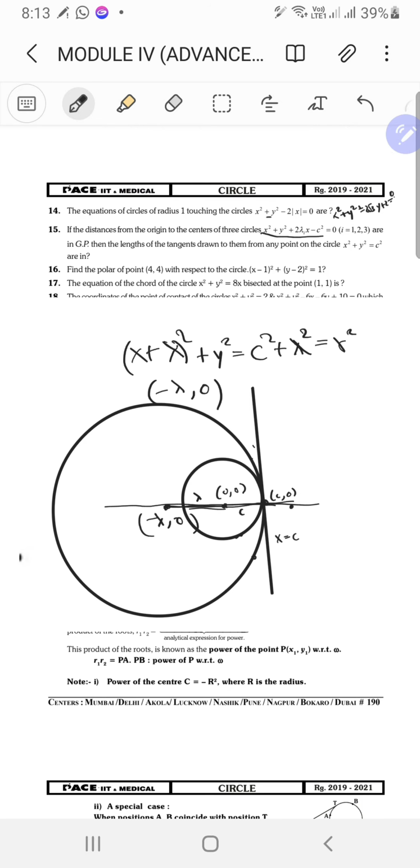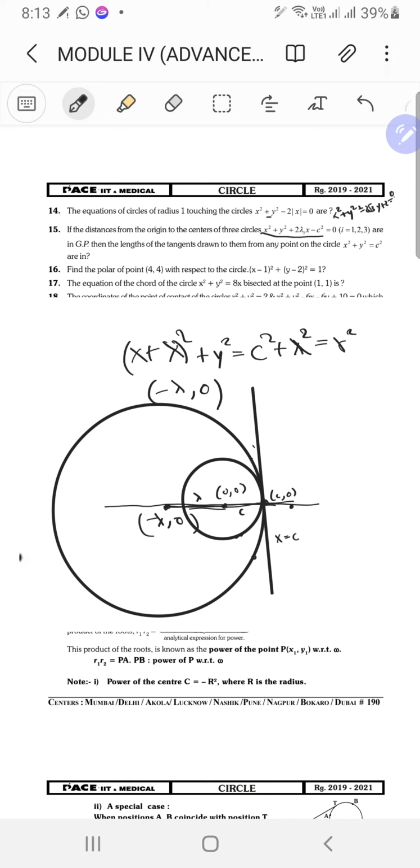Nice. So what next do they want to find? Then the length of the tangents drawn from any point on the circle are in. What do you mean by the length of the tangent over here? Okay, this is not making any sense now.